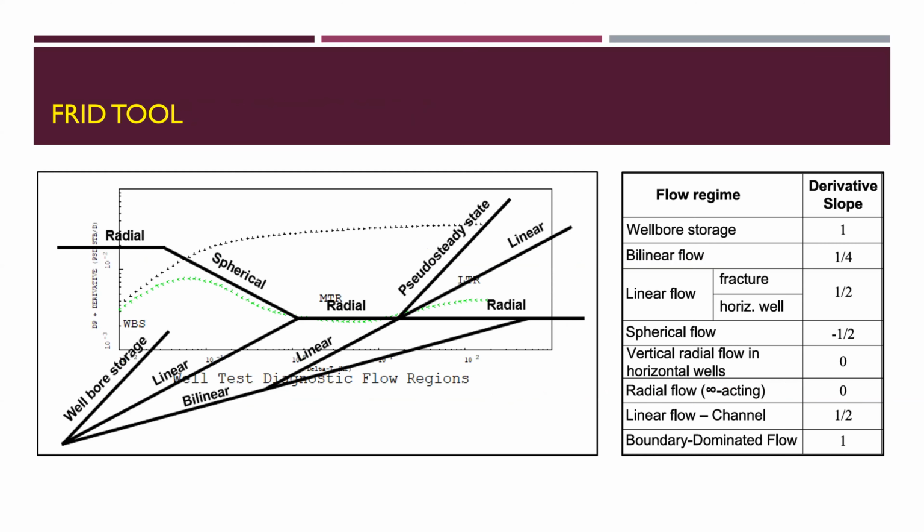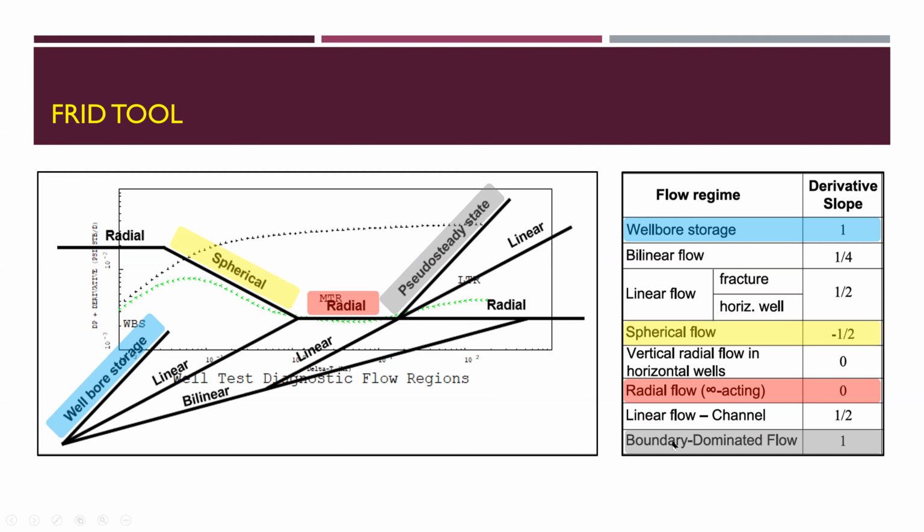Flow regimes. We have a list of flow regimes that we are going to encounter, and I will try to highlight the major 4 ones. The one that represents wellbore storage, which on the derivative will be a unit slope. The second is a spherical one, a negative half slope. The radial, which is the major one, is flat, horizontal, 0 slope.